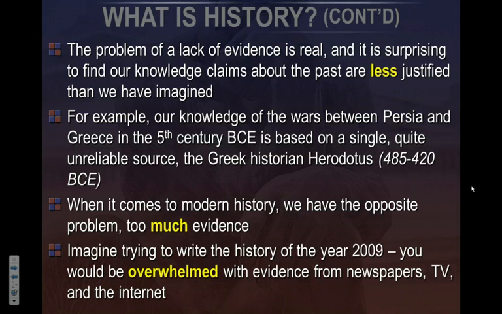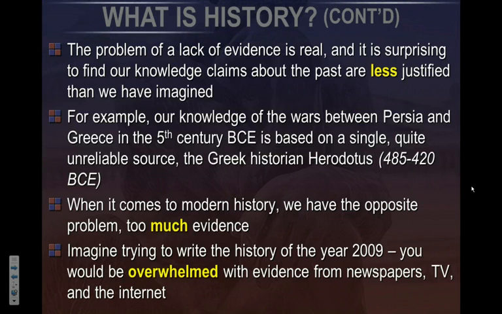Well, Greece was one of the combatants in the war. We have no perspective from the Persian side at all. All we have is one Greek historian's perspective. It's the only record we have of that war at all. That could be a problem. That's too little evidence. Now, the problem with modern history is too much evidence.